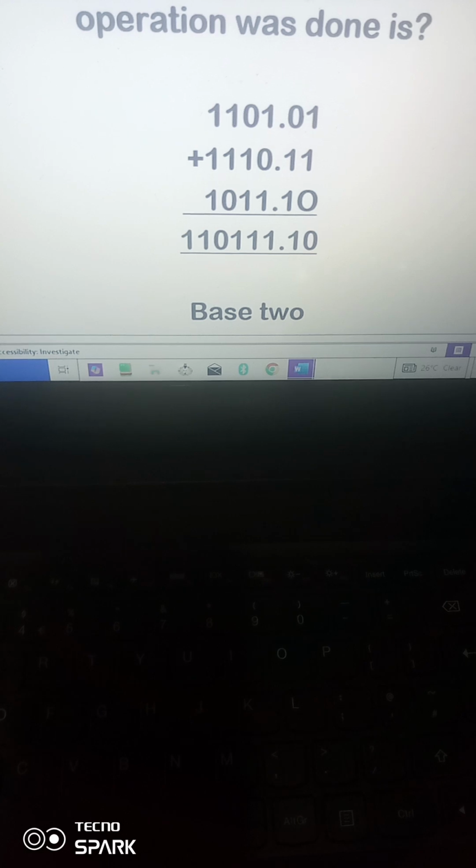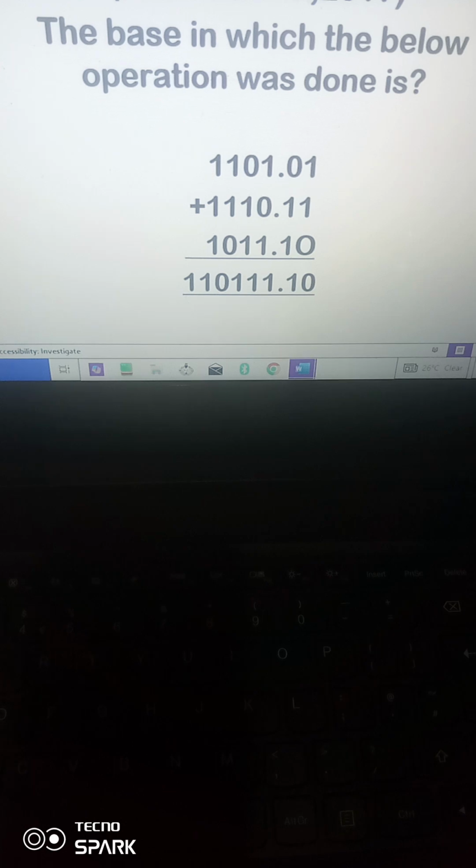So without even doing any calculation, it is simple for you to just tell them the answer is in base 2. No calculation at all. You don't need to do calculation in this one. So the answer is in base 2.